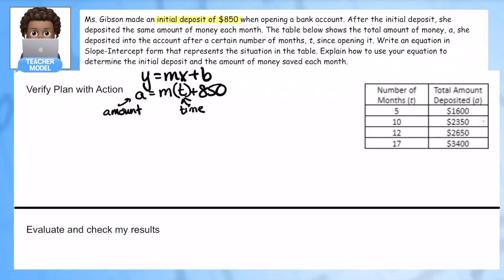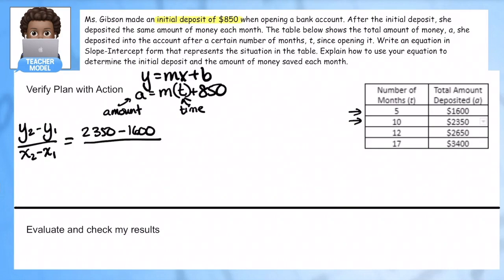All right, let's actually find out what the m is going to be. The coordinates aren't going to change too much. We're still going to use our same formula, y2 minus y1 over x2 minus x1. And I'm going to just use these coordinates from our table. So 2350 minus 1600 over 10 minus 5.